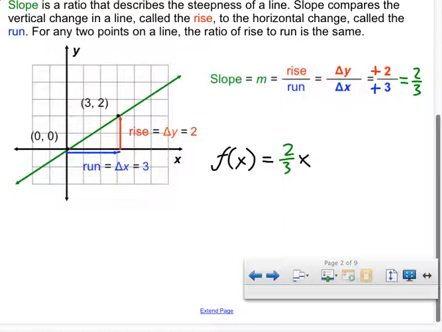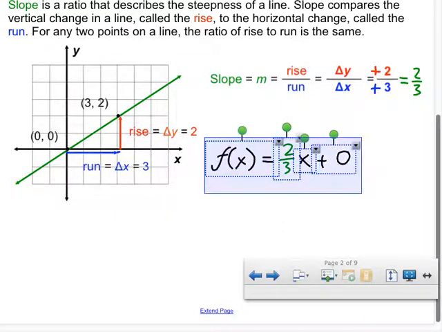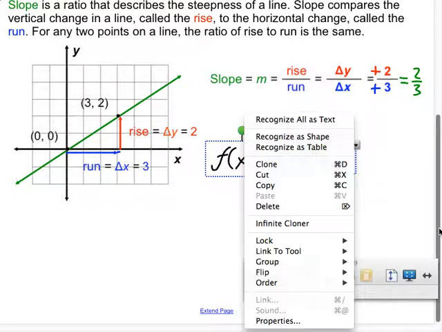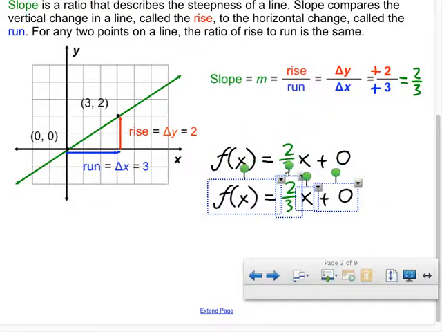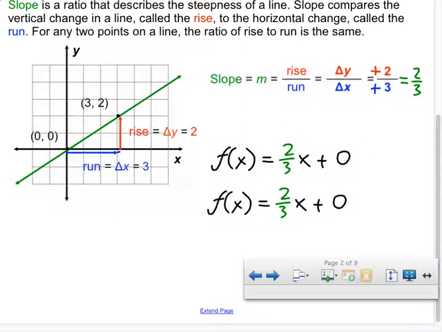And because this goes through the origin 0, I can put plus 0, but we don't usually see the equation written that way. Usually we just see the equation written without the plus 0. Okay? But just know that the plus 0 is not incorrect, but this is typically how you'll see that function.